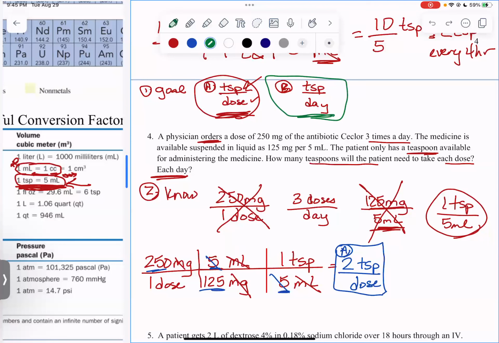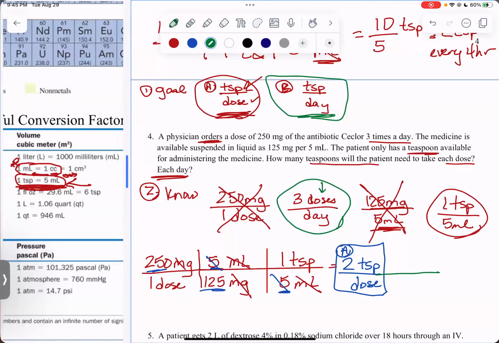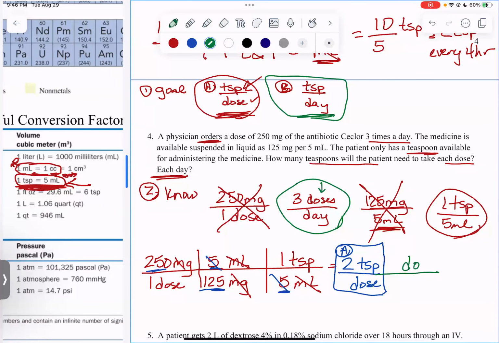But what's different is the bottom, the dose. I need to convert from dose to day. So if I look at what I have left, I have this conversion factor right here that has dose in it. So let's see if we can use that. If I want to get rid of dose, I put it in the numerator.